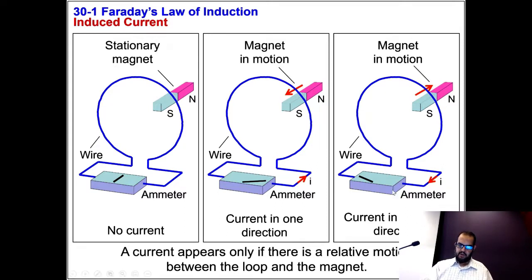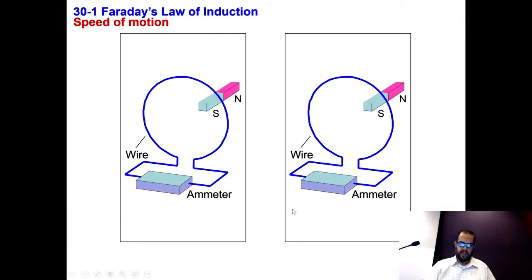Okay, so same thing, if you pull the south pole away from the loop, you get a current in the opposite direction. So a current appears only if there is relative motion between the loop and the permanent magnet. Okay. Now, the other observation Faraday found is that it depends on how fast you move.